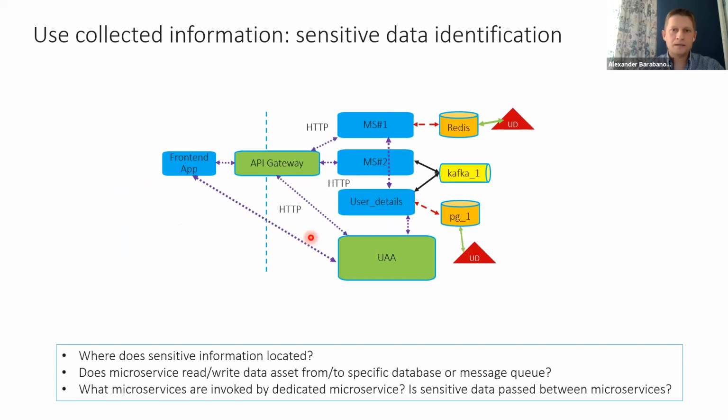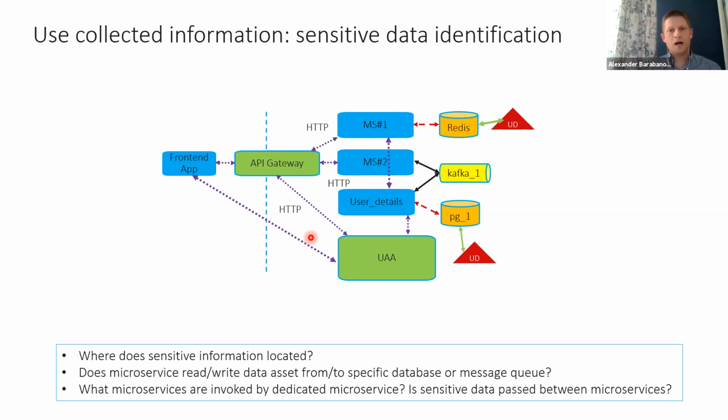The other example is sensitive data identification. According to the OWASP requirement, all sensitive data has to be identified and classified into protection levels. And again, having that information about the relation between storage and assets, you can easily ask and answer some very interesting questions.